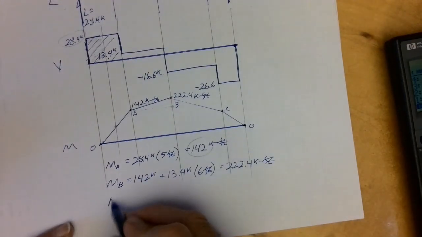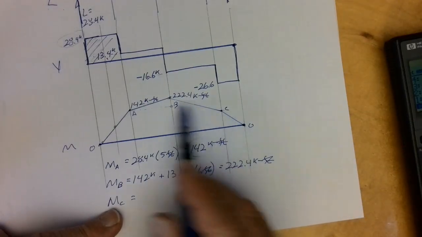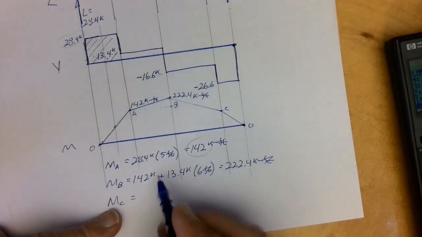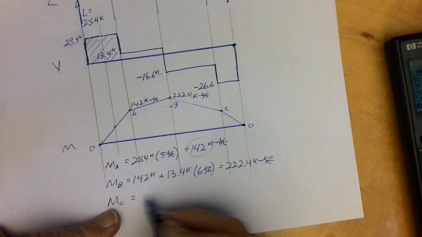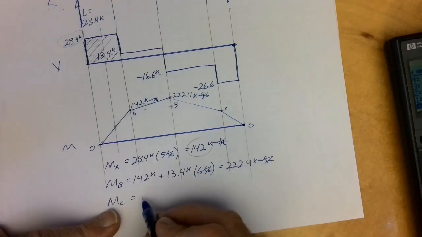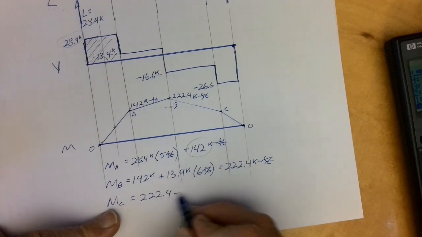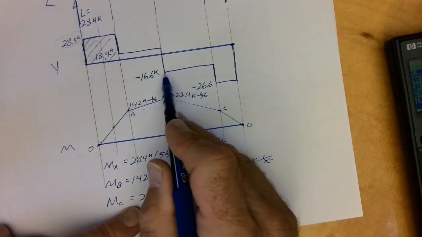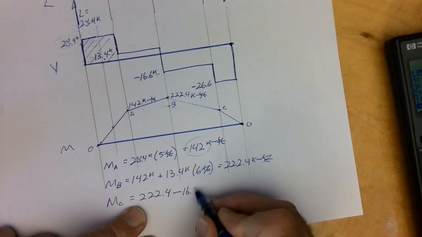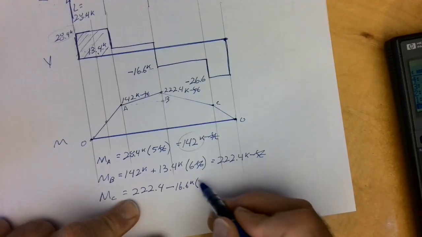Okay, then moment at C. Because I'm coming down, because my shear is negative, I'm going to subtract from here the effect of that shear on the moment. So 222.4 kip feet minus 16.6 kips times a length of 7 feet.